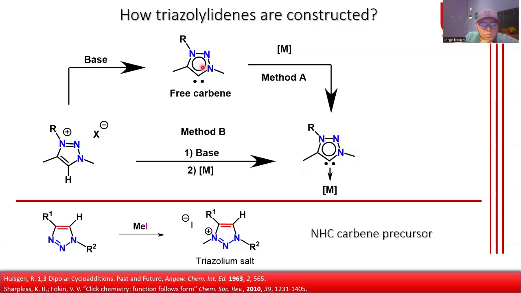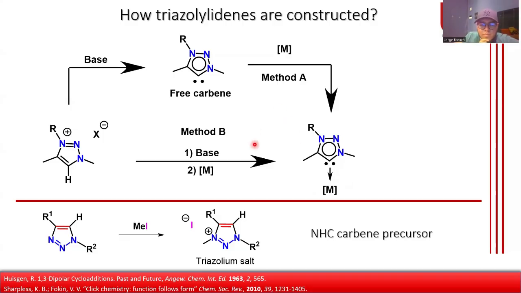In case the free carbene is not available for reactivity, we must follow a second methodology in which the cationic species are reacted in a single step with a base in the presence of the metal. So the carbene is not isolated, but is generated in situ. Because of its very high reactivity in the presence of the metal, we can then obtain the coordination complexes in just a single step.